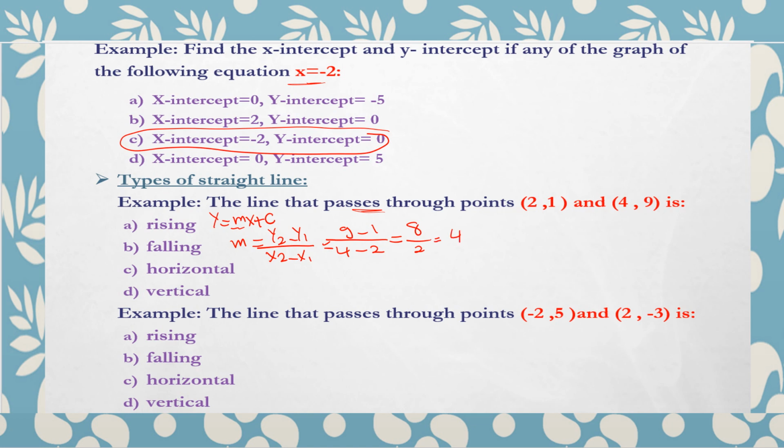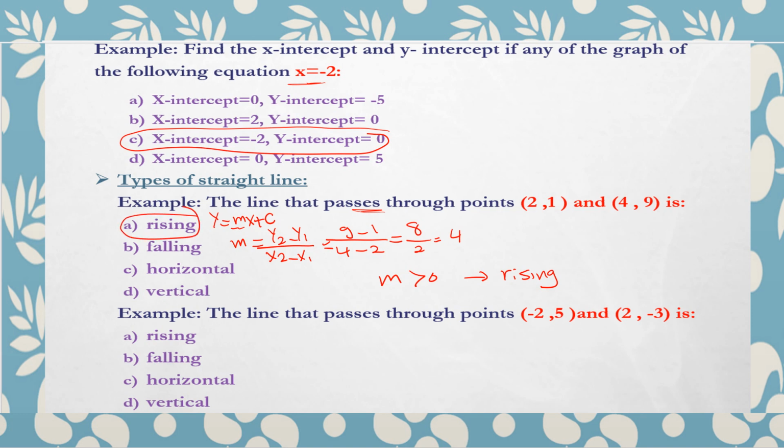So the slope is 4. And when m is positive or greater than 0, we can say that the line is rising. So the correct answer is A.